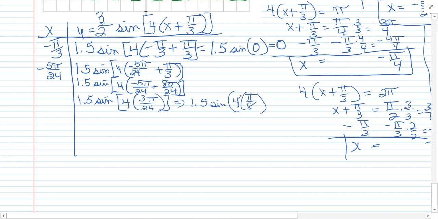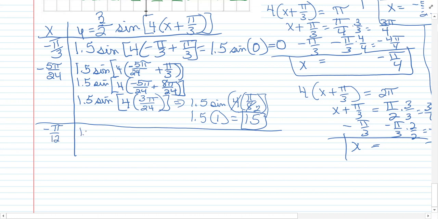So if I do that, that's going to give me pi halves. That's 1, equals 1.5 for that value. Then I'm going to do my next one, which is negative pi 12ths.